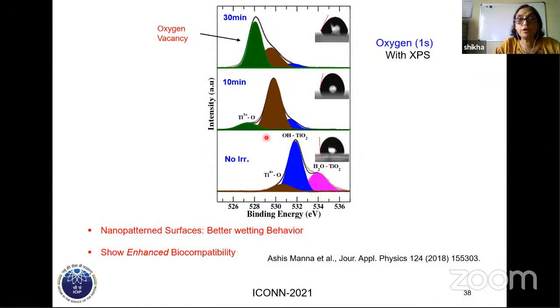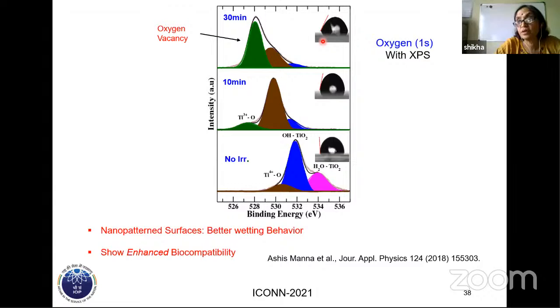And here what we are showing is that for the unirradiated TiO2, this is the oxygen part, and the oxygen vacancy was very little. But as you put more and more ion dose into the system, this ion irradiation produces oxygen vacancies. And this is causing better wetting of the surface.